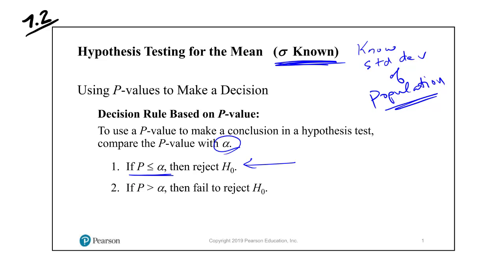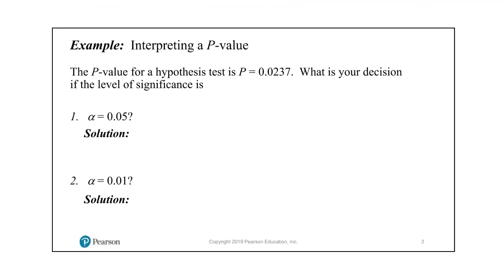Remember, the idea here is that that probability, that p-value, is very low. So it doesn't mesh with the assumption about the distribution that H0 is saying, so you're going to reject it. If p is greater than alpha, then you fail to reject the null hypothesis. Remember, your decision is only one of two things: reject the null hypothesis or fail to reject the null hypothesis. Then we'll get into interpretations.